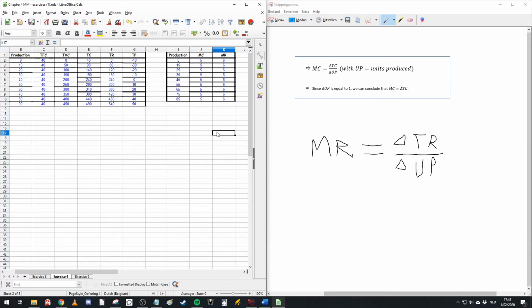Now, in all honesty, this case is not really that realistic. You'll see why in a couple of minutes, but this tells you something already. When MC and MR are always the same, this means we're dealing with a case of a proportional marginal production. That means that when we add more labor, our production will keep increasing at the same rate.